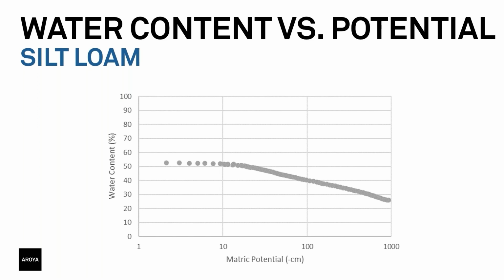If we multiply that by 100, we get a moisture percentage, and that's the common way that people express that. In this graph, we show the percent water for a typical silt loam soil for a range of matrix potentials. And each point represents an actual measurement that we've made.